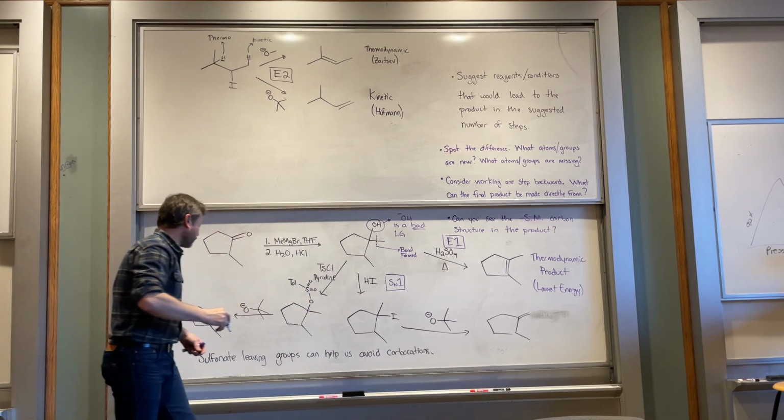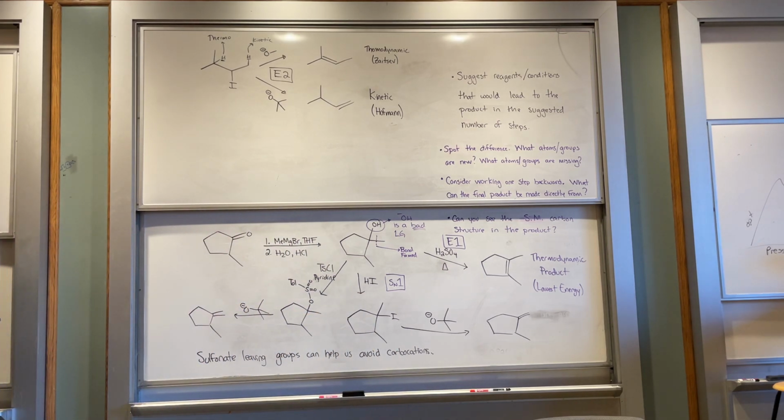Right, so sulfonate leaving groups, right? Formation of tosylate, mesylate, triflates, right? They'll often help us avoid formation of carbocations, right? Because we're not forming water, we don't need to replace water with a different leaving group, right? Or we're not doing elimination directly with water.